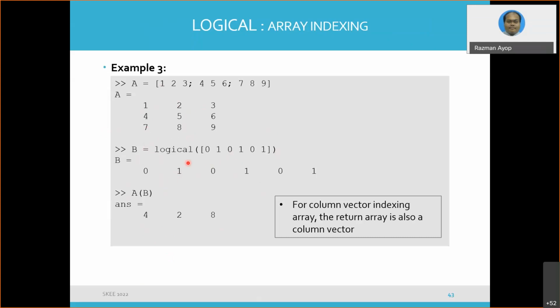For this case, this one is linear indexing, if I'm not mistaken. So 0, 1, 0, 1, 0, 1. So it takes. Wait, let me check first.